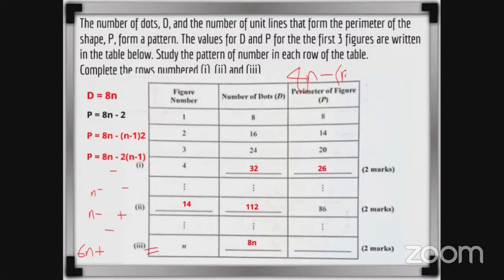And I did write it here as 8n subtract 2, open bracket n minus 1, but now we know that we can simplify that expression to be what? 6n plus 2. Excellent. So whenever you have an expression, it works easier if you simplify it so that you can use it to find any term, or what we call your nth term. Is everyone there?